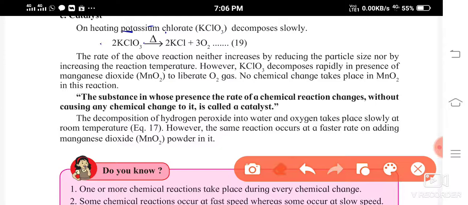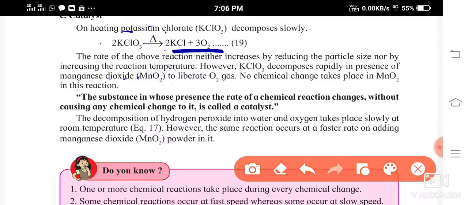Now, instead, what you can do is add manganese dioxide to this. In the presence of this manganese dioxide, potassium chlorate immediately decomposes to liberate oxygen gas and form potassium chloride. In the presence of this manganese dioxide, the reaction takes place fast.